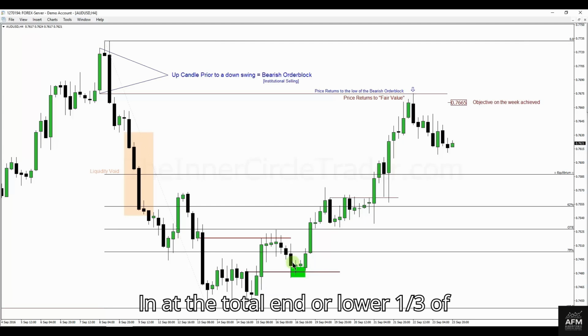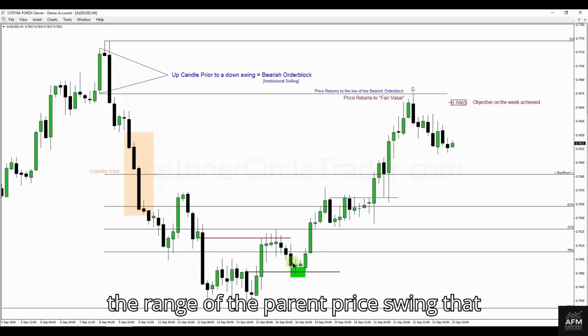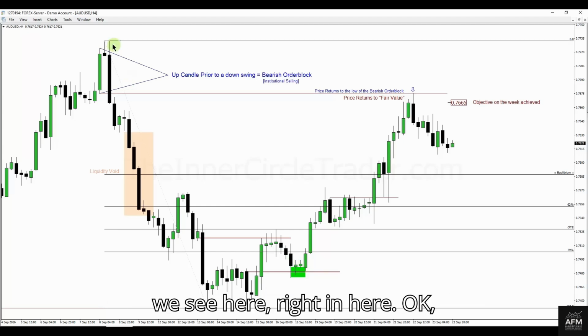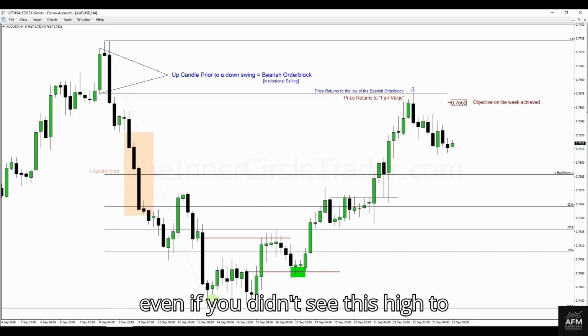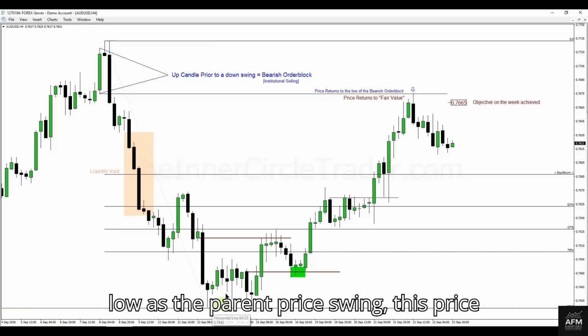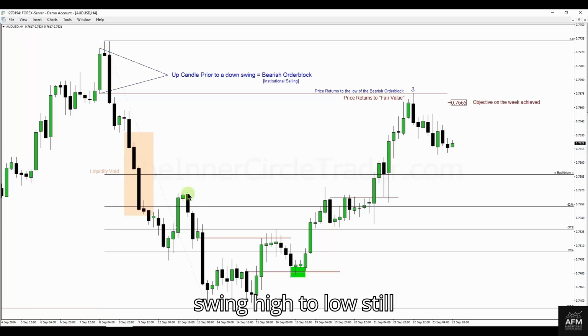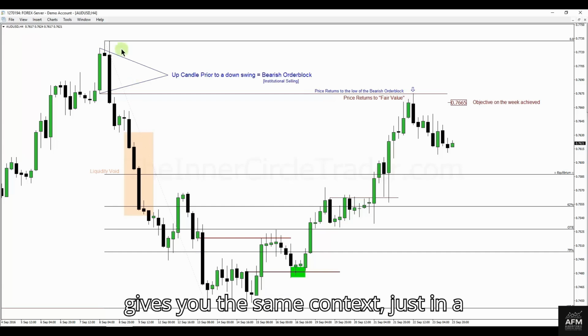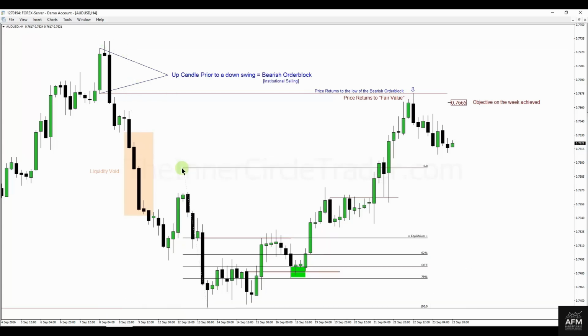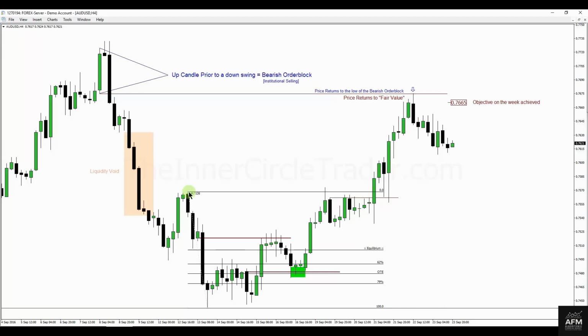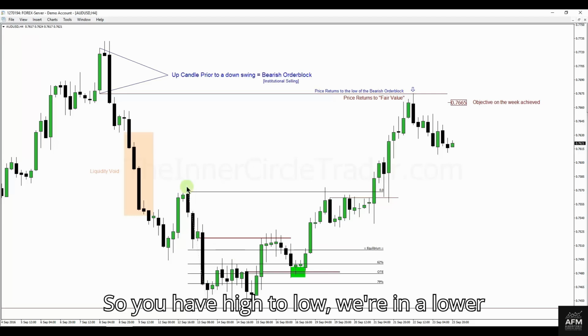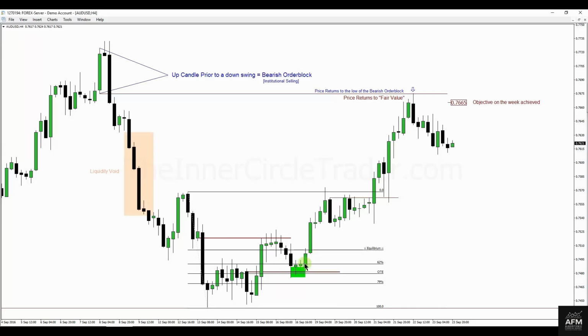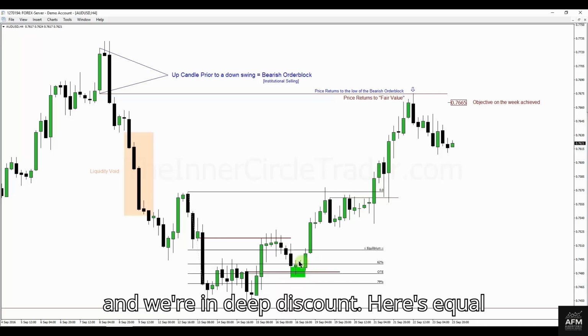And at the lower third of the range of the parent price swing that we see here, right in here. Even if you didn't see this high to low as the parent price swing, this price swing, high to low, still gives you the same context, just in a smaller scale. So you have high to low, we're in the lower third here, and we're in deep discount.